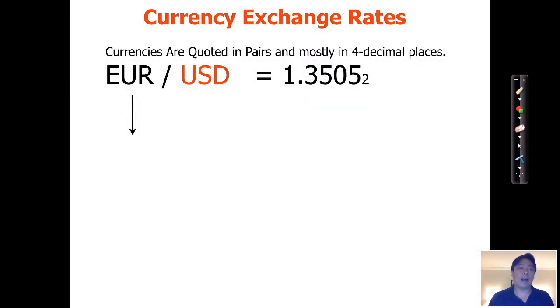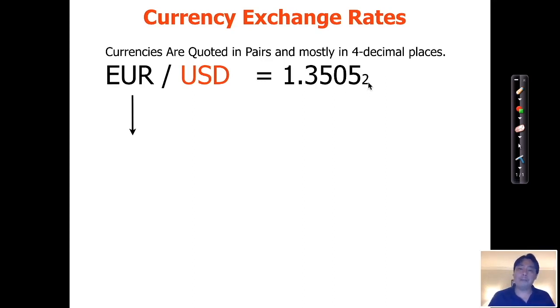So how do you read a currency quote? Again, currencies are quoted in pairs and mostly in 4 decimal places. So what you see here is Euro USD 1.3505 2. Now, we only pay attention to the 4 decimal places.